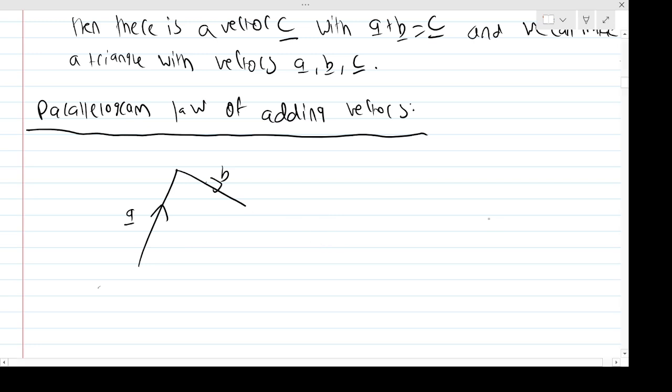Instead of them being one after another, we're going to make them adjacent to each other, in this way here, B.